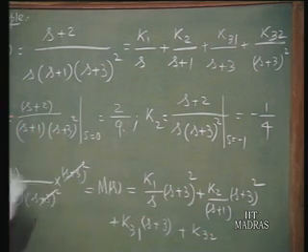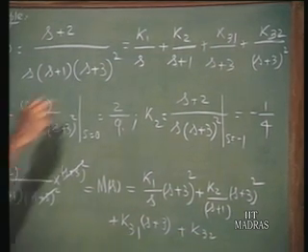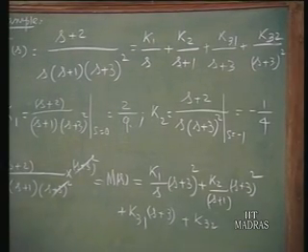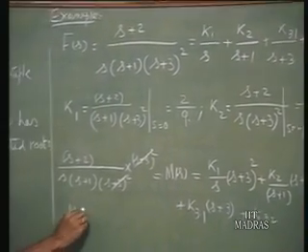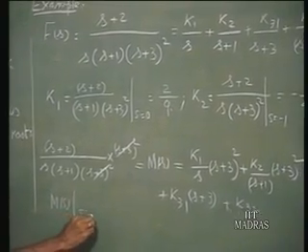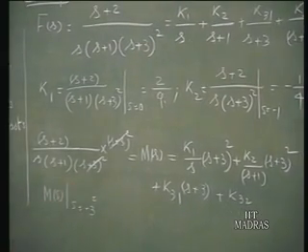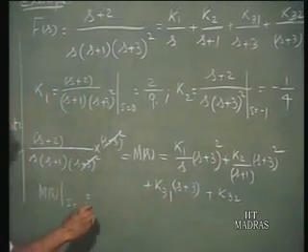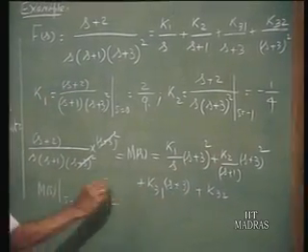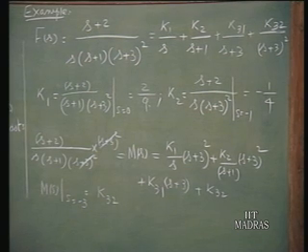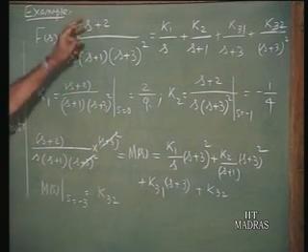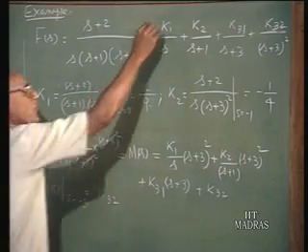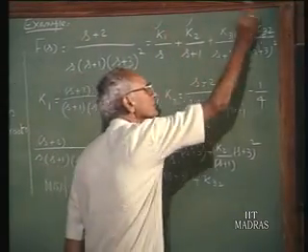So on multiplying by s plus 3 whole squared, each term of the partial fraction gets multiplied by s plus 3 whole squared. Now if you substitute s equals minus 3 in this, you observe that this vanishes, this vanishes, this vanishes, and leaves you with K32. So K32 is found again in a straightforward manner by multiplying by s plus 3 whole squared and substituting s equals minus 3. So we have found this residue, and this one.